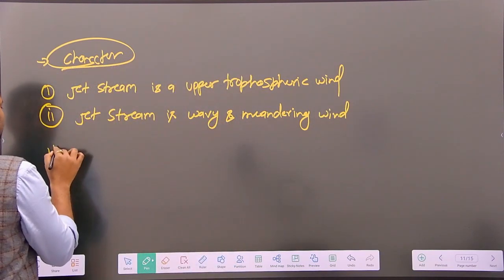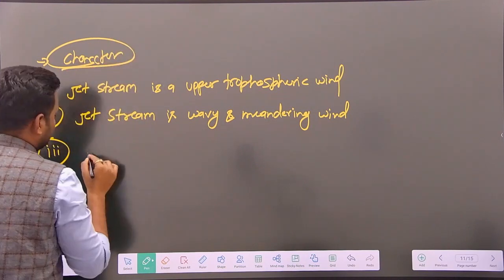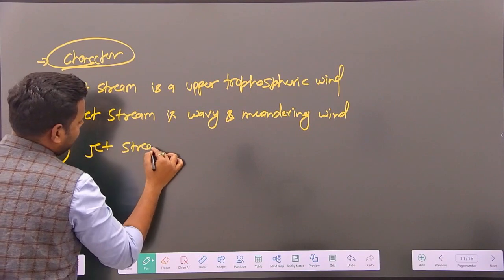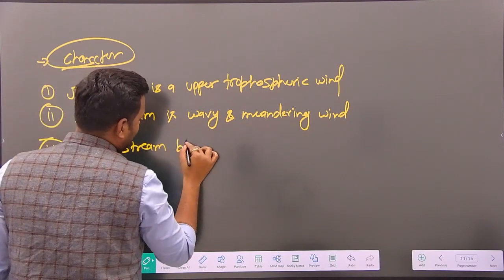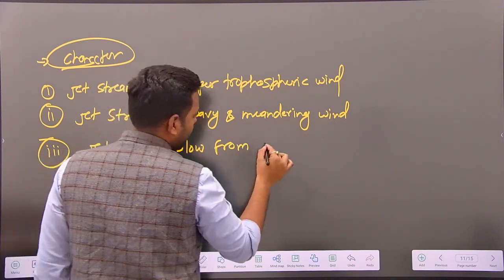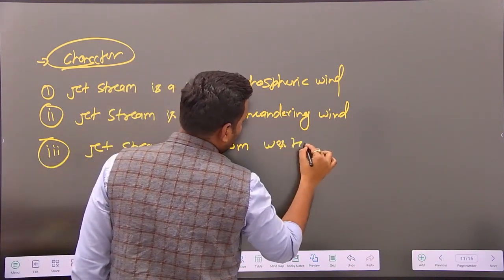And the third one is the jet stream blows from west to east.